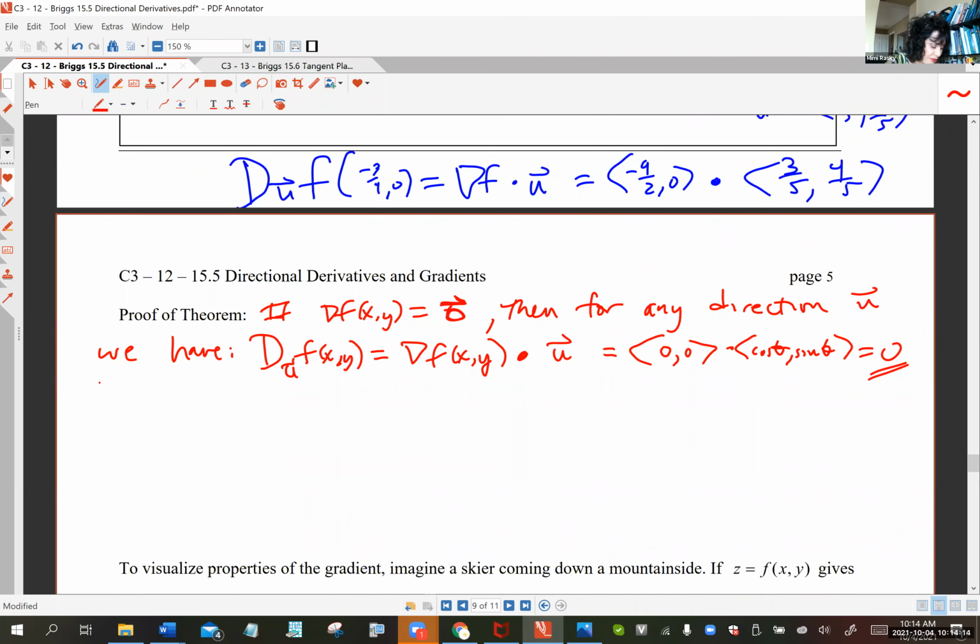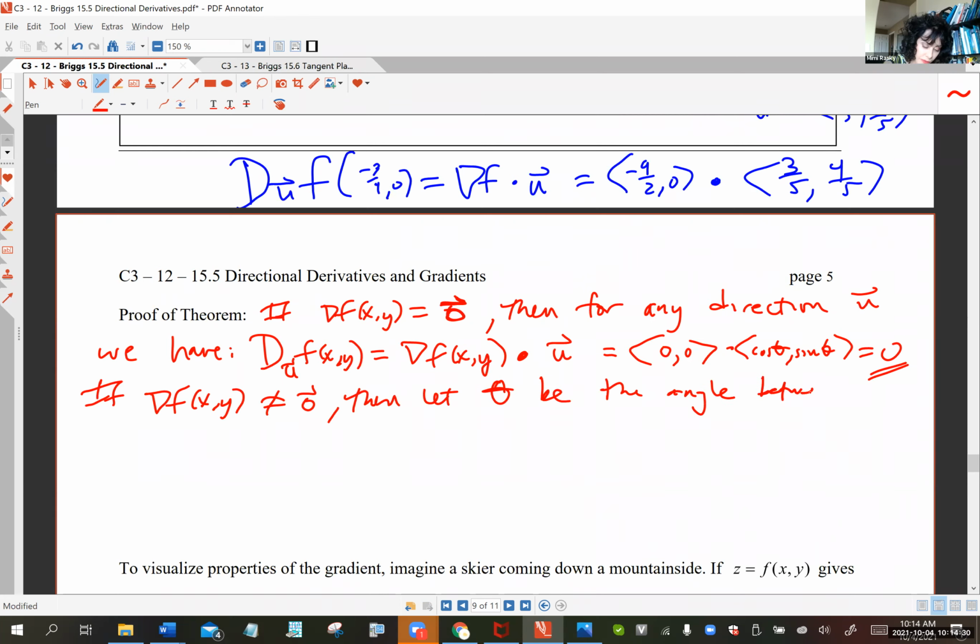Now, what if del f isn't the zero vector? Well, then things get a little bit interesting. Then how about we let theta be the angle between your del f, your gradient, and the unit vector u.